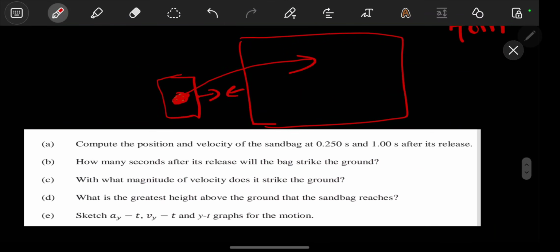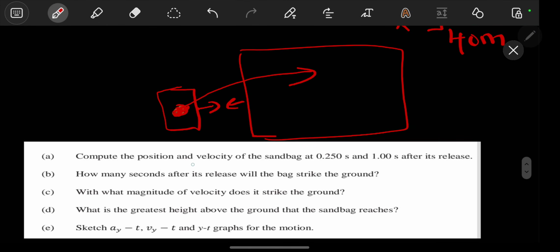So it says we have to compute the position and velocity of the sandbag at 0.250 and 1 second after it is released. So we are looking at the displacement and the velocity.